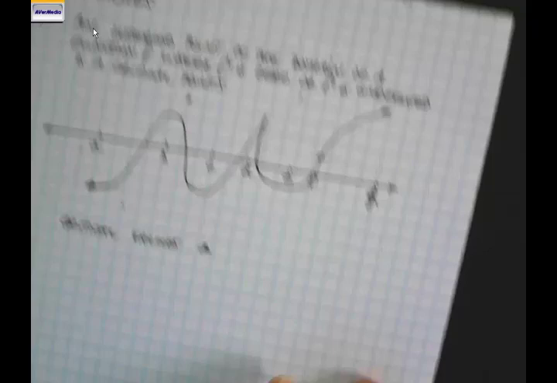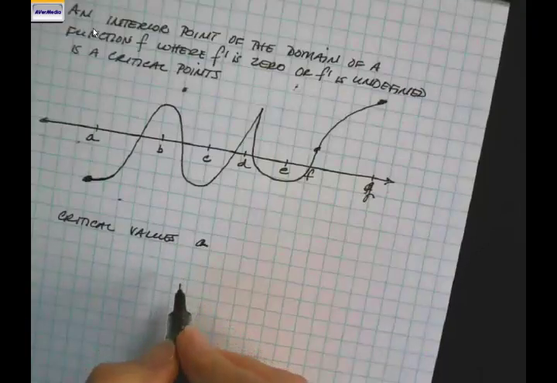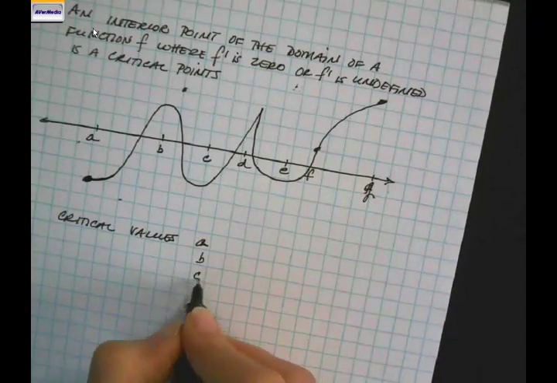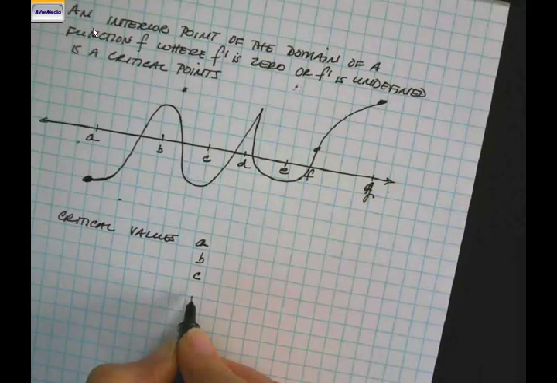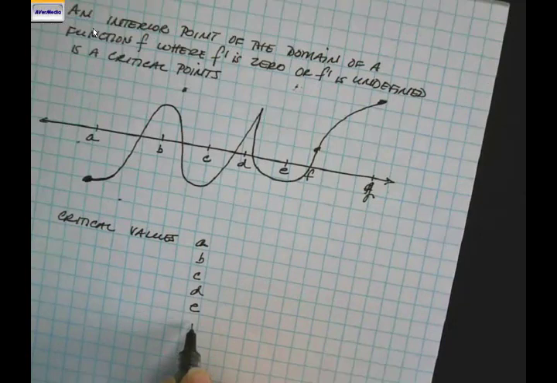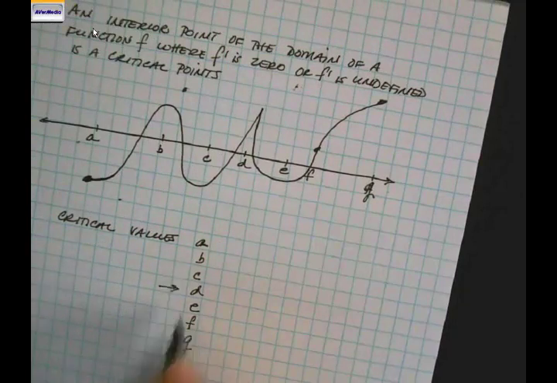Where's another one? Where is your first derivative going to equal 0? What's another horizontal value? B. Where's another one? Okay, and another one? E. And another one? D. And G. What about F? You are avoiding F. What's the deal? You are hesitant for a good reason.